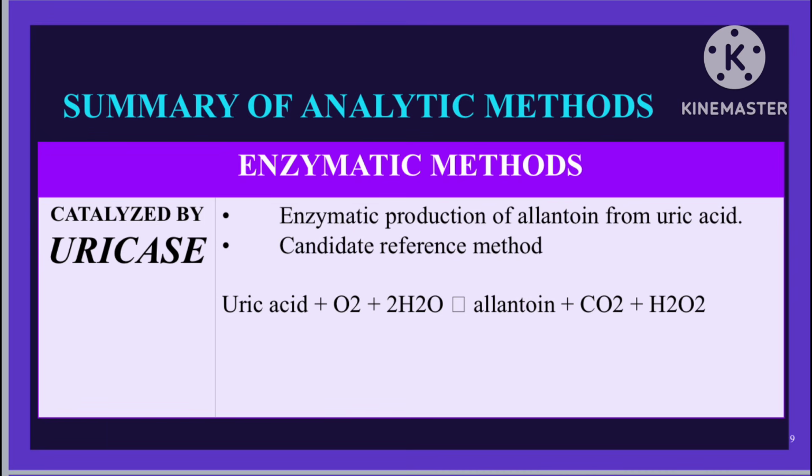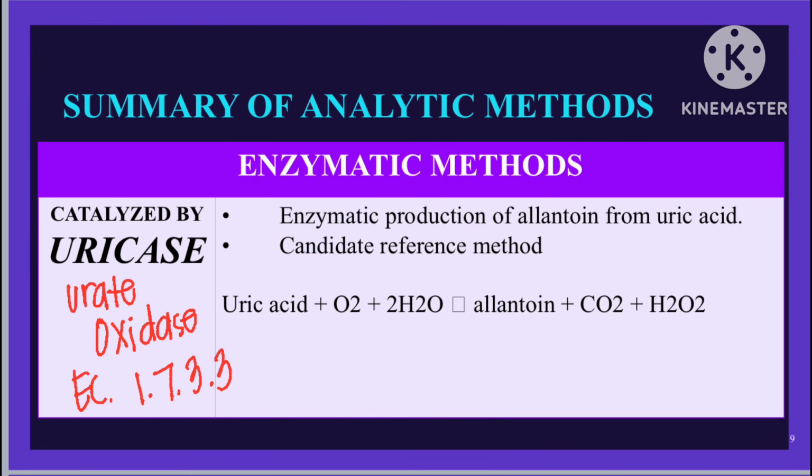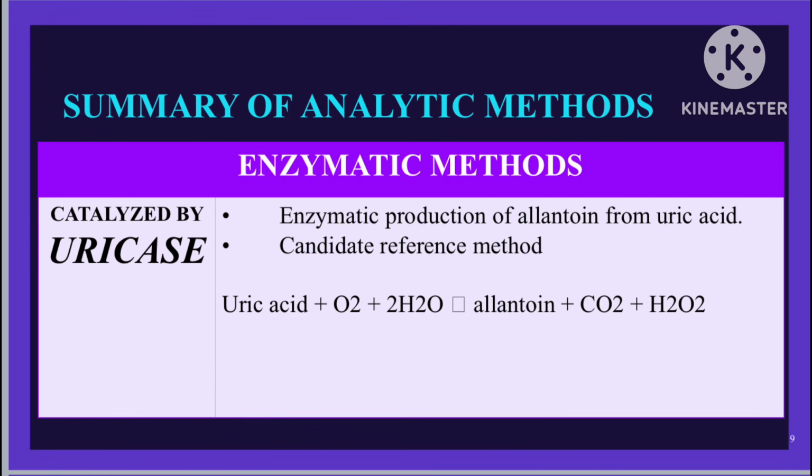Methods using uricase. Remember that uricase is the enzyme that catalyzes the oxidation of uric acid to allantoin. Remember that? So it can be uricase or urate oxidase. It's an enzyme with an EC number or enzyme commission number 1.7.3.3. This method is more specific and is used almost exclusively in clinical laboratories.